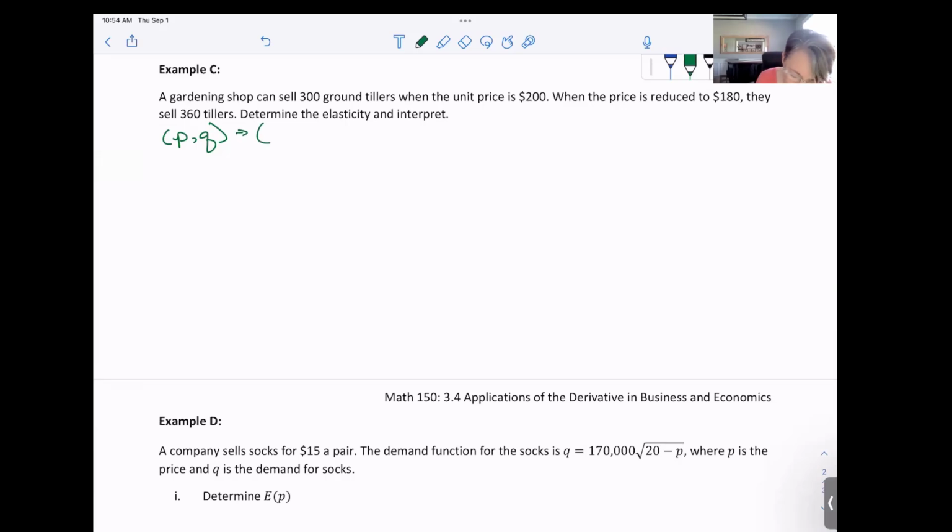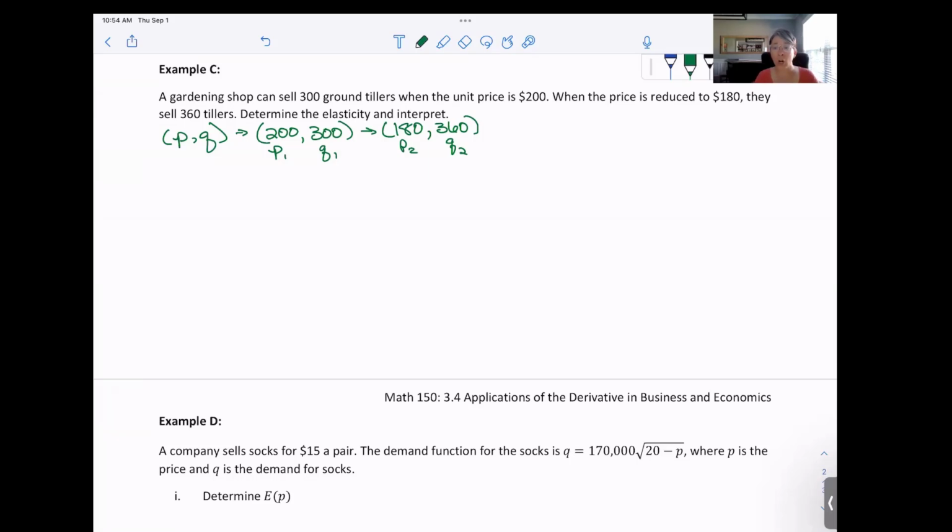For $200, we sell 300 tillers, then they reduce the price to $180 and sell 360 tillers. This is our price 1 and price 2, and quantity 1 and quantity 2, the original and the new.